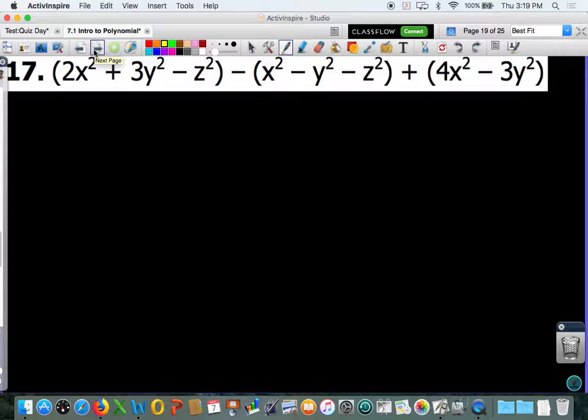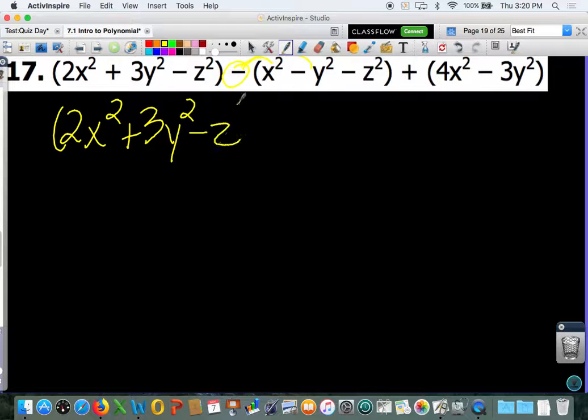Now let's look at this one. It is big, and it's got a whole bunch of different letters in it. So let's make sure we're in standard form. I've got x, y, z, x, y, z, x, and y. Only one of them needs to distribute, this one right here, but I'm going to bring everything else down to make my life easier. So 2x squared plus 3y squared minus z squared.